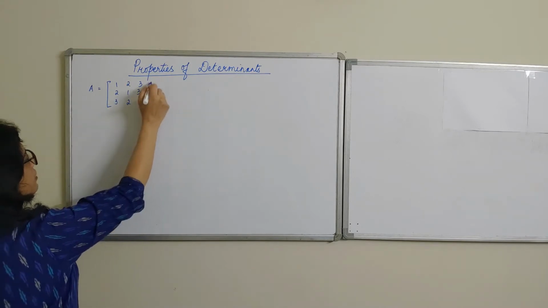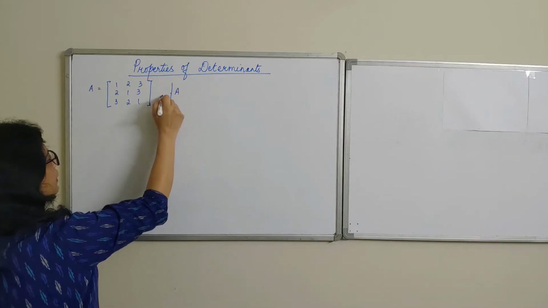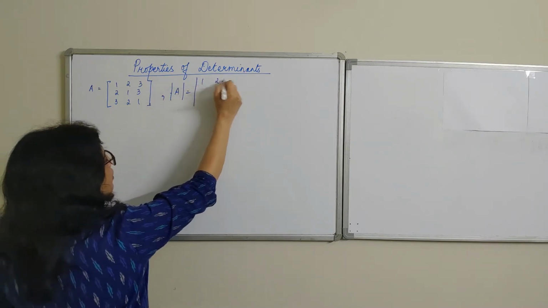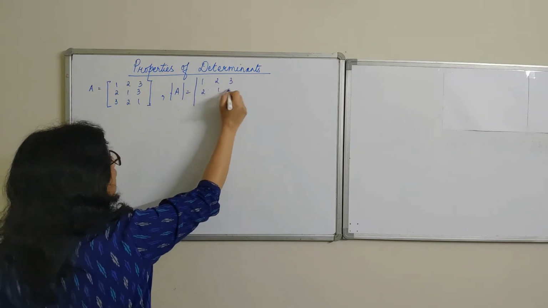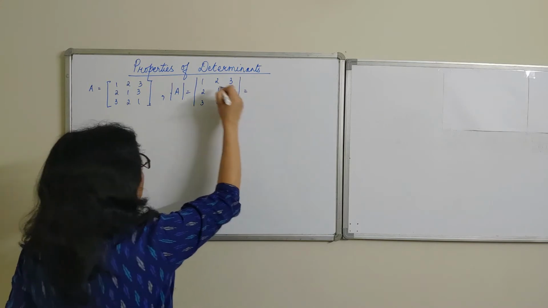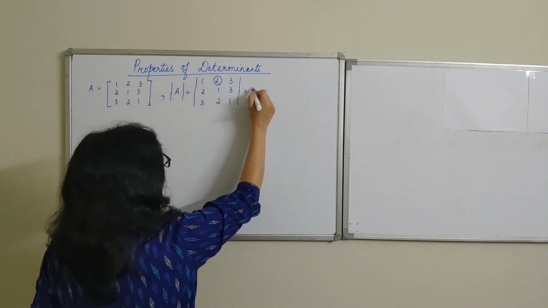This is the matrix. The determinant of this matrix is represented like this and is evaluated along the first row where this element will change its sign.